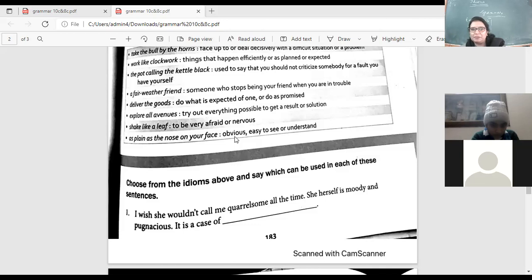The instructions are as plain as the nose on your face. The guidelines are issued again and again, and they are as plain as the nose on your face, but people do not follow them. They're very obvious, very easy to understand.